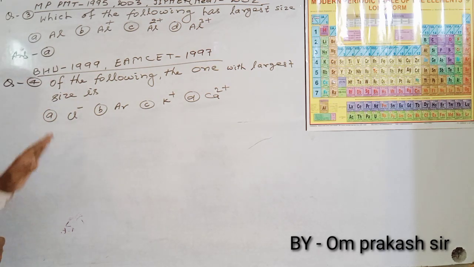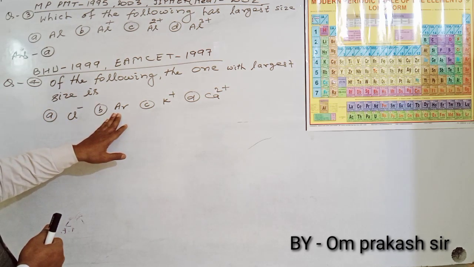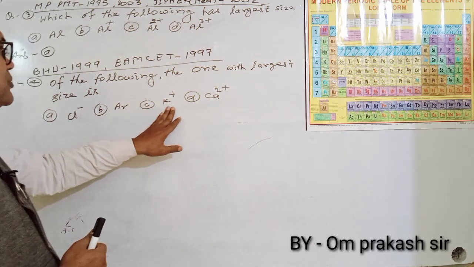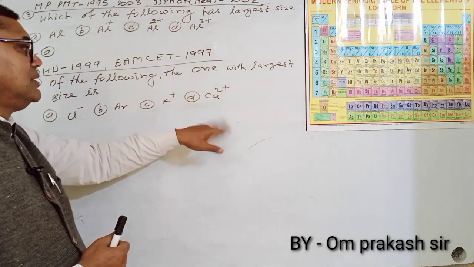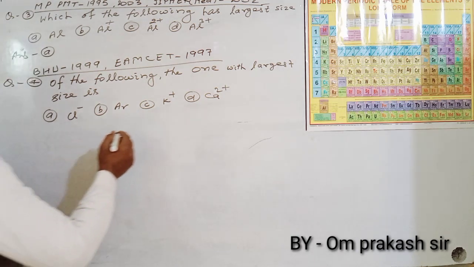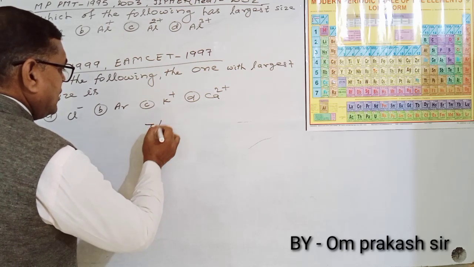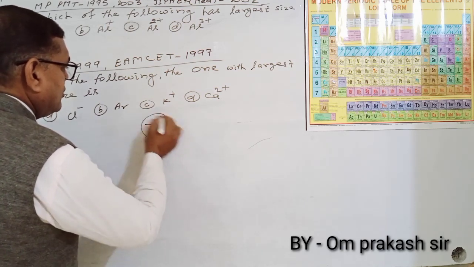Option A is chloride ion, option B is argon, option C is potassium ion, and option D is calcium ion. First of all, we calculate Z upon E value of all the options.